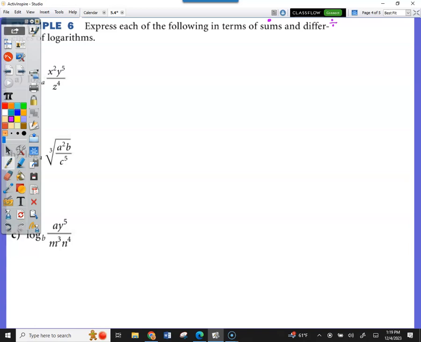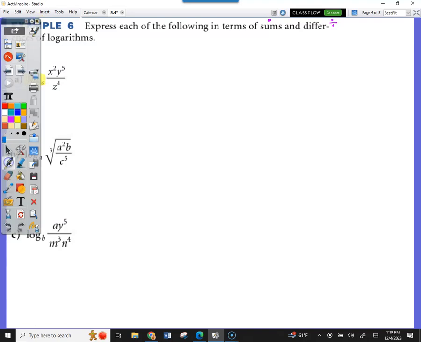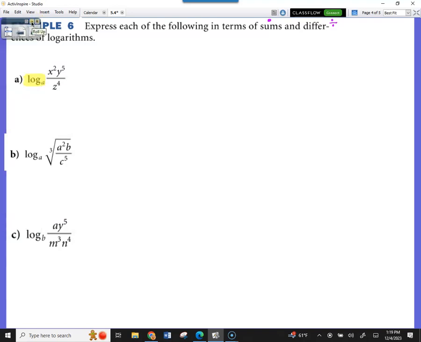All right, so let's look at A. Here's where it would really help if you use your highlighter, because you will notice that this is a single log base A, right? So our answer should say what for every log?